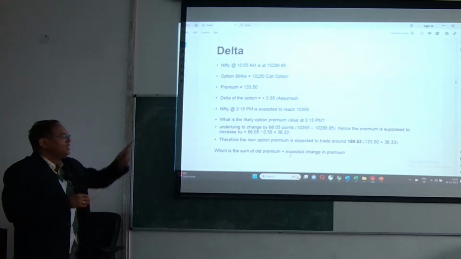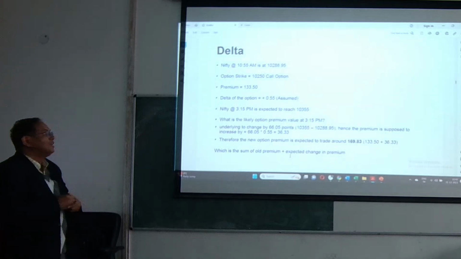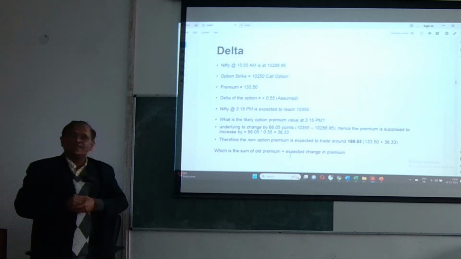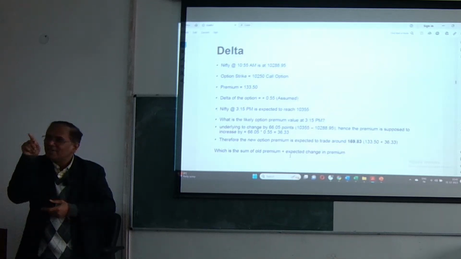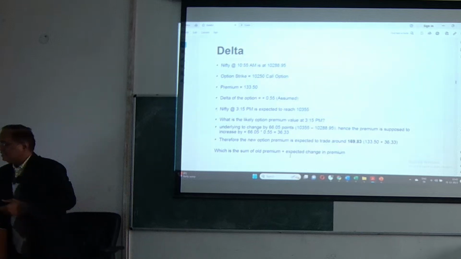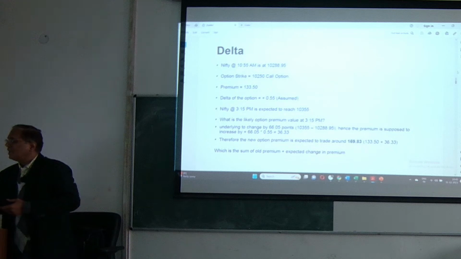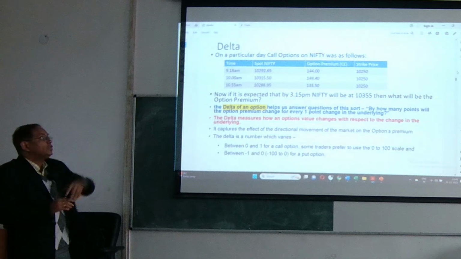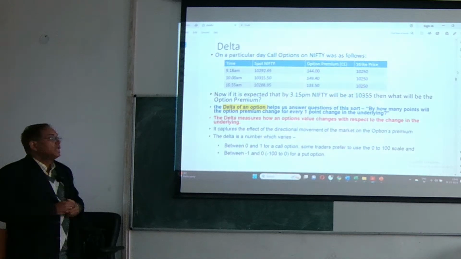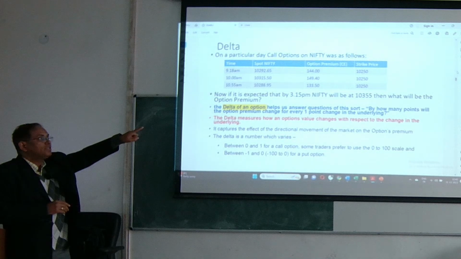And Nifty is going to be 10,355. So when 0.55 is there and we know the change in the underlying price. So what is the price here? You look minutely, you will find out what was the previous price. Previous price is 10,288.95. And here what is the price? 10,355.